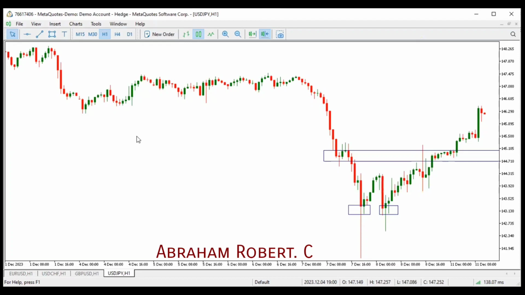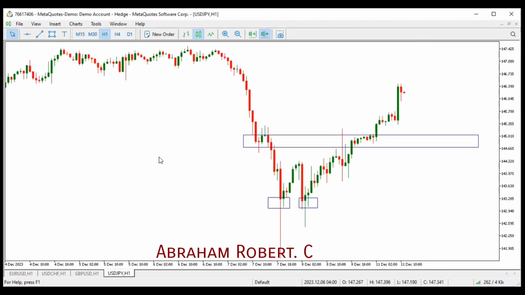That is when the price rejected in the same price level twice. Sometimes it plays out in an uptrend. I'll give an example of that, but for the sake of this class for today, you can see the price rejected here the first time and the second time. So this is a double bottom.